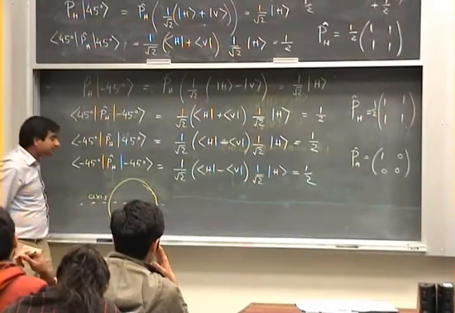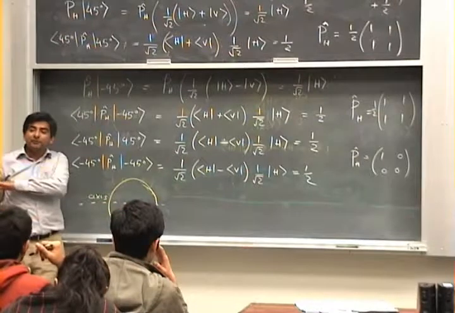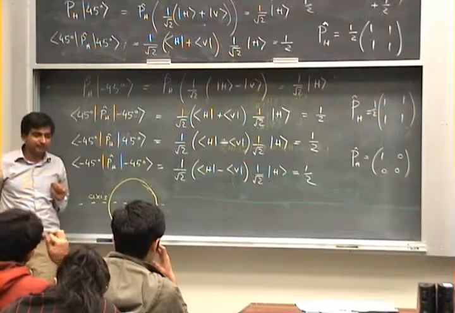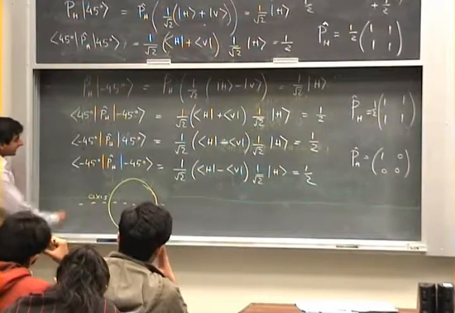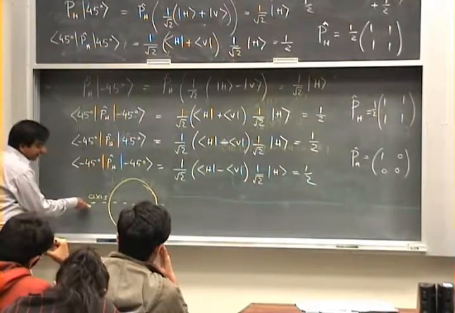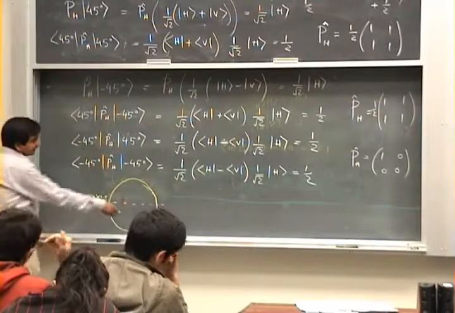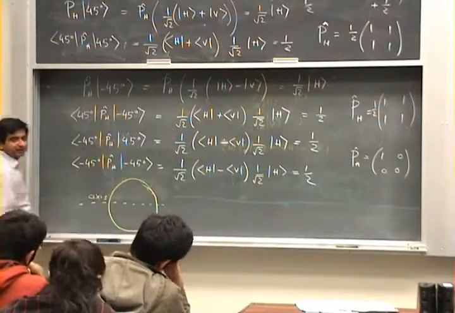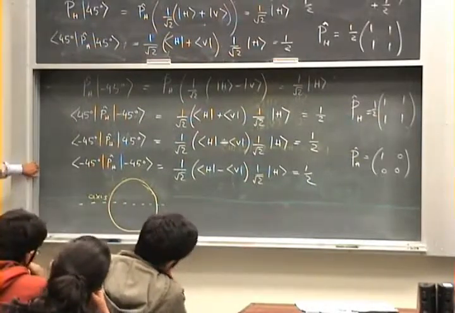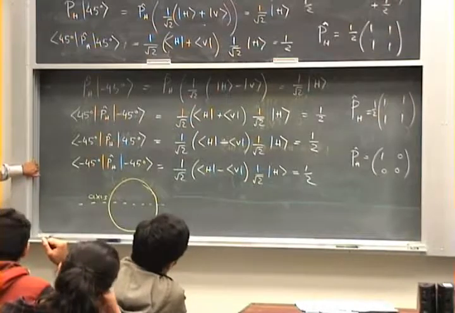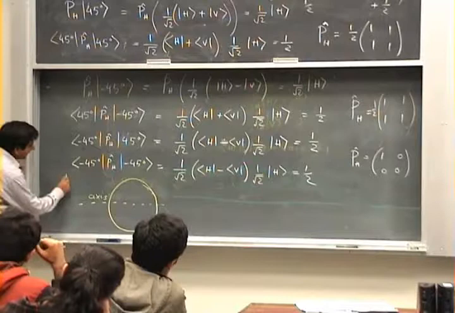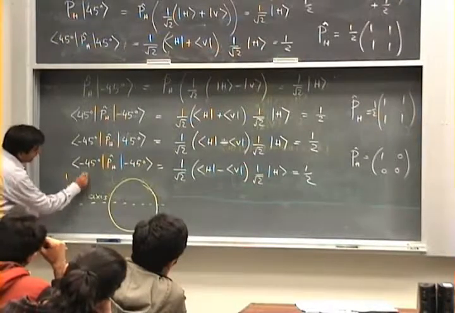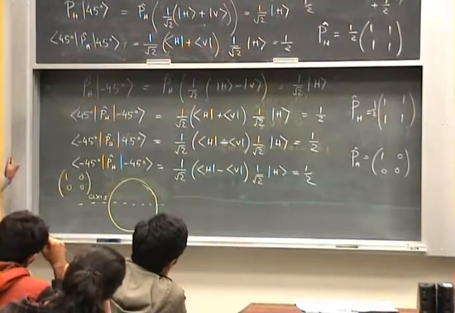Any polarization that is parallel to this axis will go unscathed. Now, if the input is parallel, it will go out unscathed. Anything that is perpendicular to this will be completely blocked. Polarization perpendicular to this will be blocked. Now, out of conventional wisdom, you like to write the matrix for this element in this form.